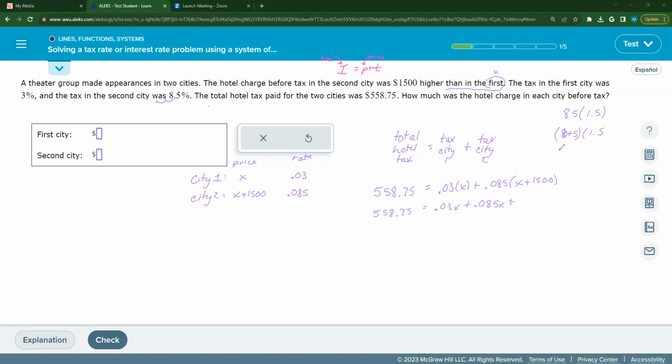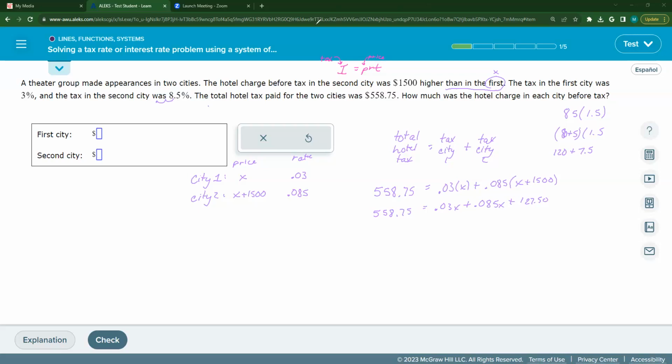So this is 120 plus 7.5, I think. Yeah. So this is going to be 127.50. All right, and like I said, you can use a calculator to check it.